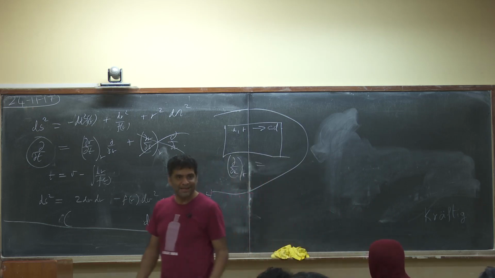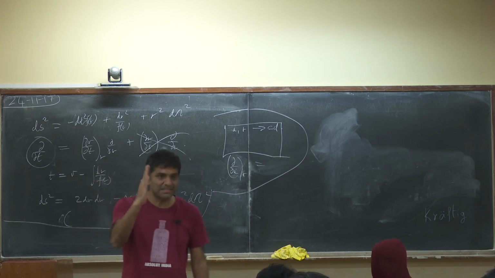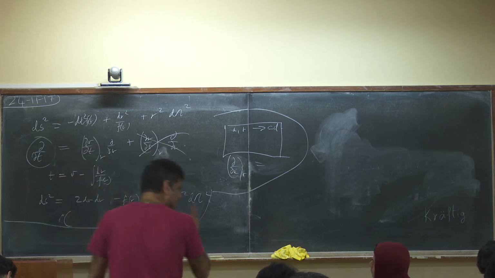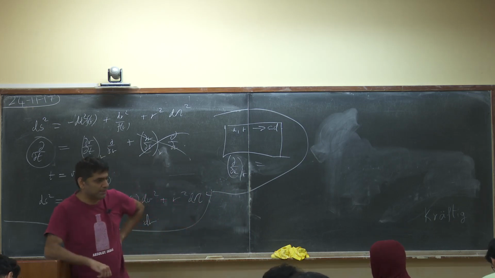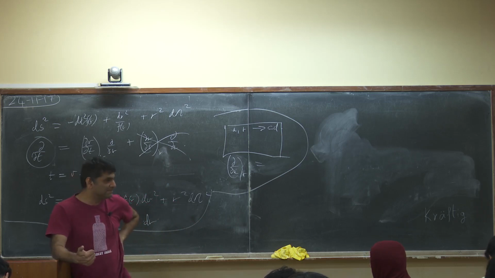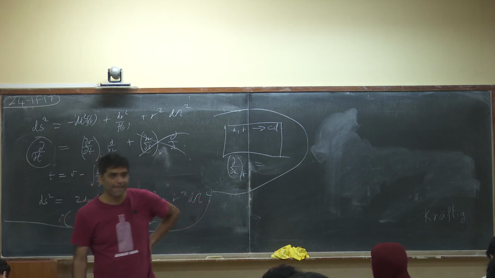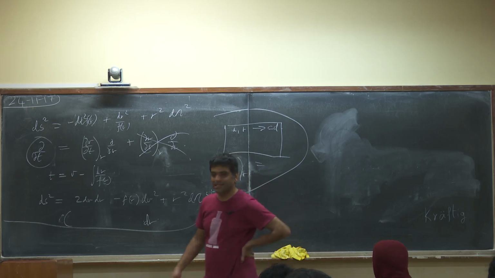So the event horizon is a particular slice of a Killing field. The generators of the event horizon, the tangent vectors of the event horizon, are a particular slice of a Killing field. Is this clear? By the way, we'll see this soon. There are two natural normalizations of the tangents to the event horizon. One natural normalization is the one that's affine. This normalization we encountered in our last class.